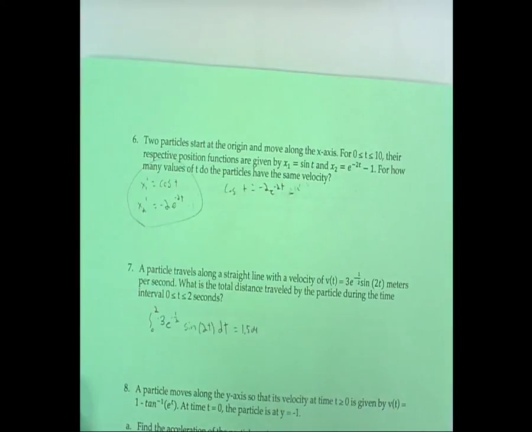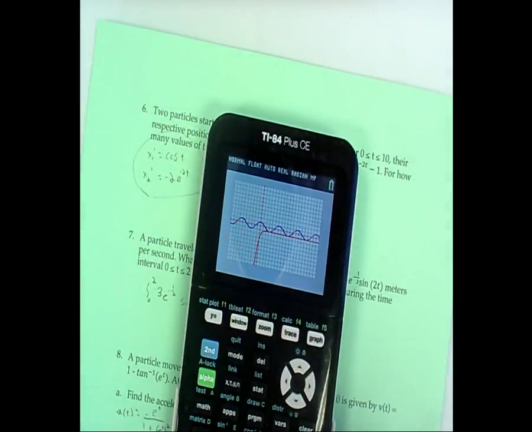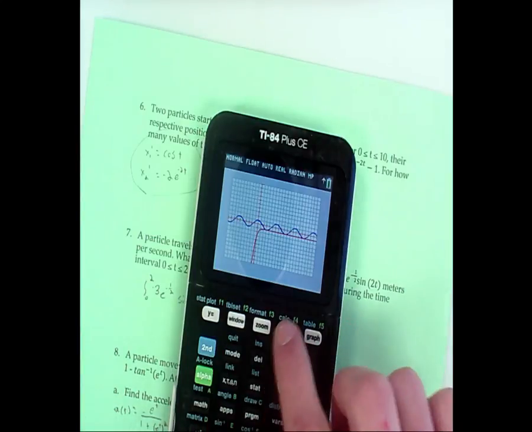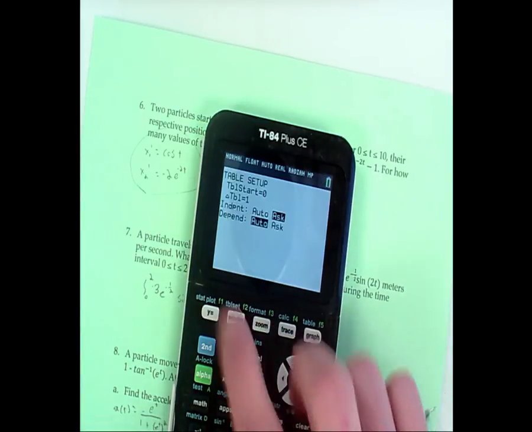Can you see this? Got a graph there. Oh, that's kind of a cool graph. Can you change the window a little bit? Sure.